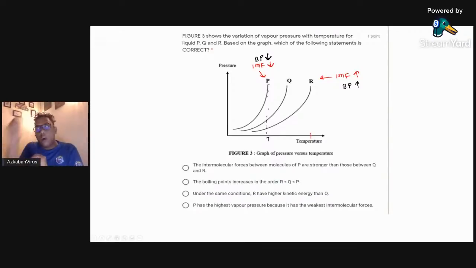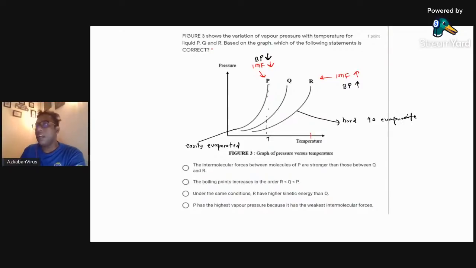Maksudnya dia mudah meruap. Okay, ini menunjukkan dia adalah easily evaporated. Ini dia susah nak meluap. Bila dia susah nak meluap, IMF dia tinggi.